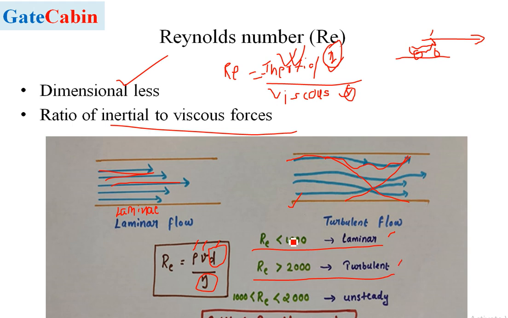Now the question is, if this is 1000 and this is 2000, what happens in between? If the Reynolds number is less than 1000 the flow is laminar, and then there is another gap of 1000. This much increase in Reynolds number is required for the flow to become completely turbulent.